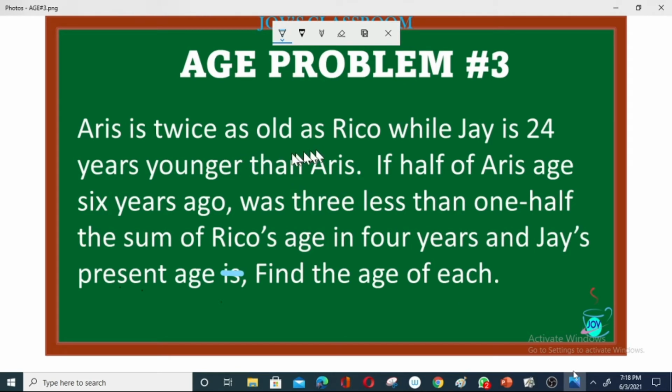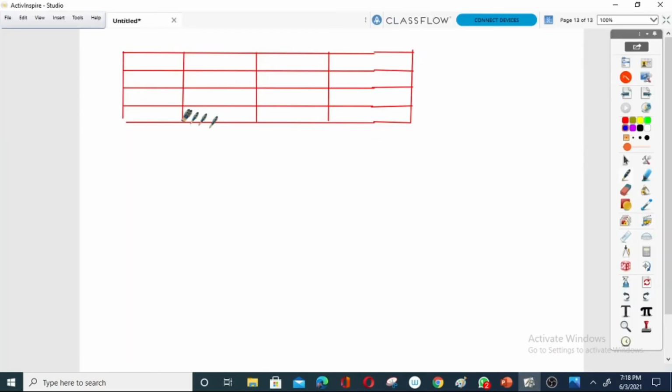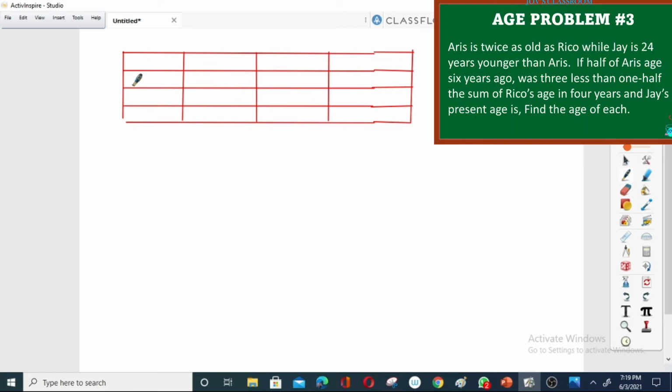Okay. If you notice, it involves 3 persons here. So we need to create 4 columns. So we have Aris, we have Rico, and then we have Jay.